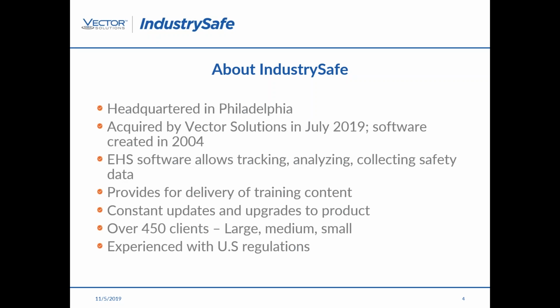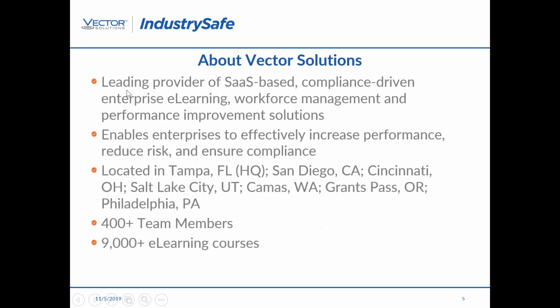We couldn't be more excited about the acquisition. And we have been developing and creating the software since 2004. We are constantly updating and upgrading our product, and we have over 450 clients who use our software to keep track of injury and illness data, as well as training data and training content. And we're very familiar with the U.S. safety regulations, especially as it comes to that OSHA piece.